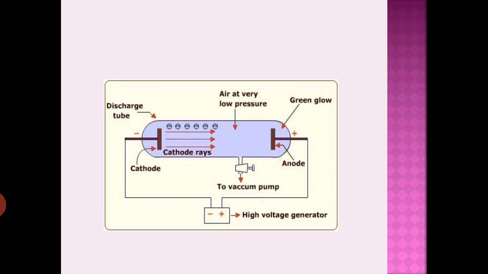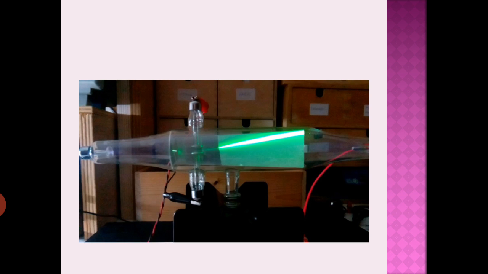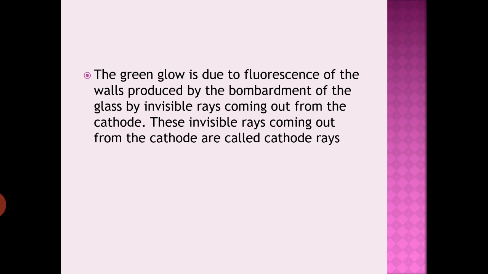What he observed was that green color started glowing opposite to the cathode, that is, at the anode side. You can see in the picture the green color glowing. Why does this green color glow? The green glow is due to the fluorescence of the wall produced by the bombardment of the glass by invisible rays coming out from the cathode.